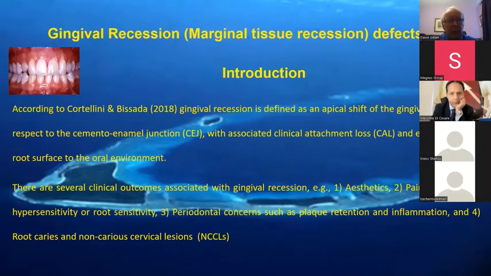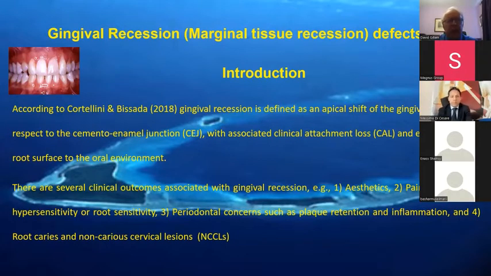So, a brief introduction. Cortellini and Pini Prato in 2018, based on the workshop, defined gingival recession as an apical shift of the gingival margin with respect to the cemento-enamel junction, with associated attachment loss, or CAL, and exposure of the root surface to the oral environment.